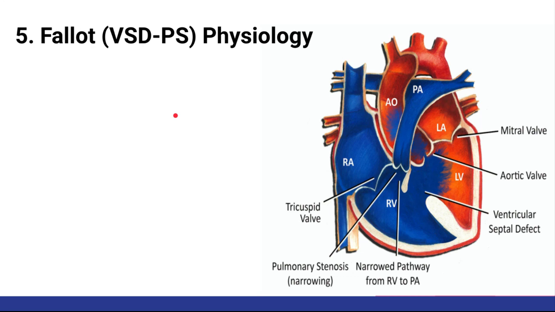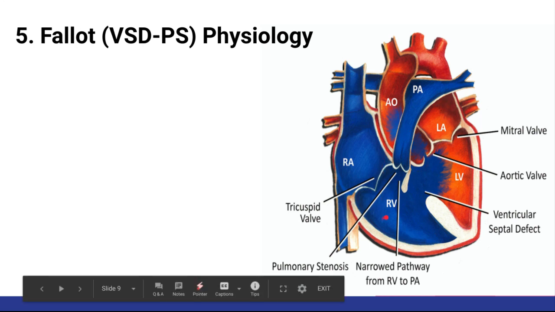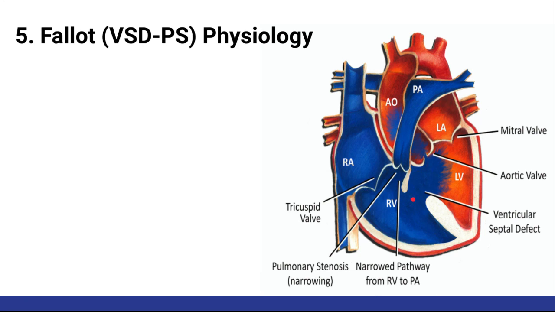Last is Fallot's physiology or VSD-PS physiology. The chief components of this physiology are a large VSD and pulmonary stenosis. So pulmonary stenosis leads to decreased pulmonary blood flow, and VSD leads to decompression of the right ventricle and right to left shunt, leading to cyanosis.